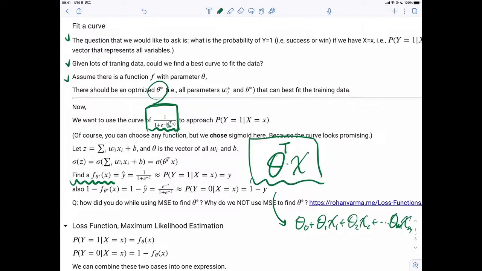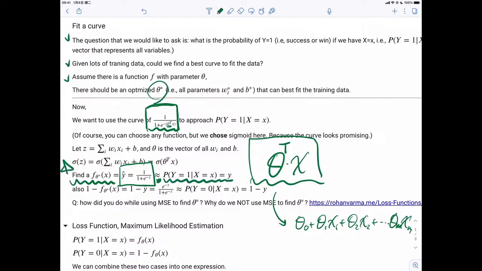Theta star means theta 0 star, theta 1 star, theta 2 star, theta 3 star, theta n until theta m star. Okay, so theta star means a collection of all optimized parameters. So we would like to use this shape to approximate this value.